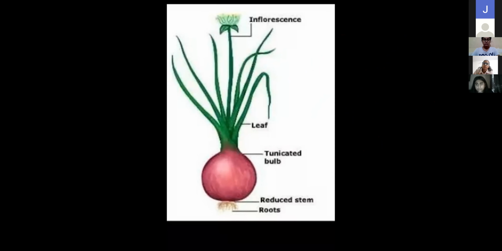Okay, next. Second thing, can anyone tell me what is a tendril? Last time we discussed it. Speak up, what is a tendril? Kirtan? Ma'am, tendrils are the thin extensions of the stem that help to support the plant.